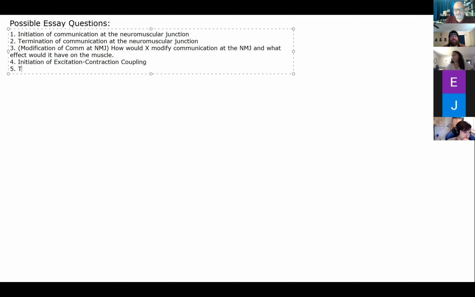Termination of the excitation and contraction coupling. And initiation of the contractile cycle.